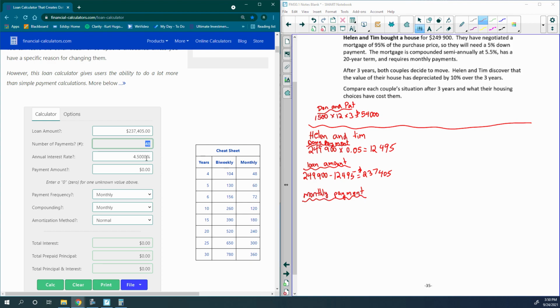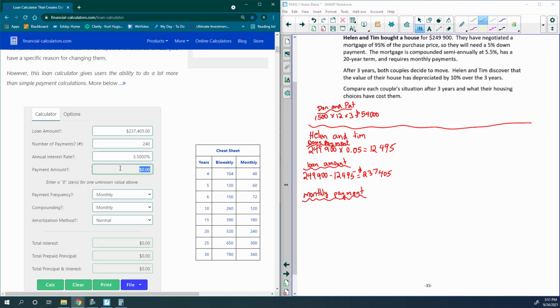So 12 times 20 would be $240. So I'm going to put 240. My interest rate for this one was 5.5%.